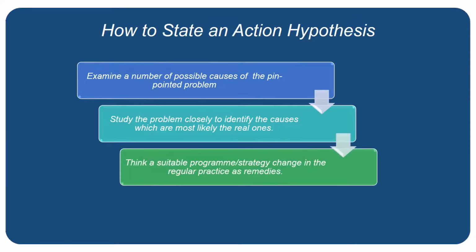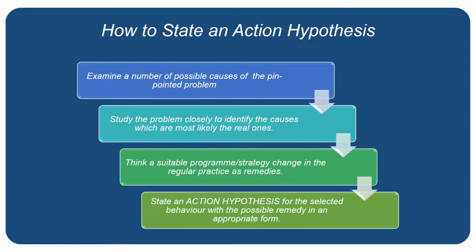Think of a suitable program or strategy. At this stage, it is very important. Think of a suitable program or strategy, a change in the regular practice, as remedies. That has to be considered, and then state an action hypothesis for the selected behavior with the possible remedy in an appropriate form.